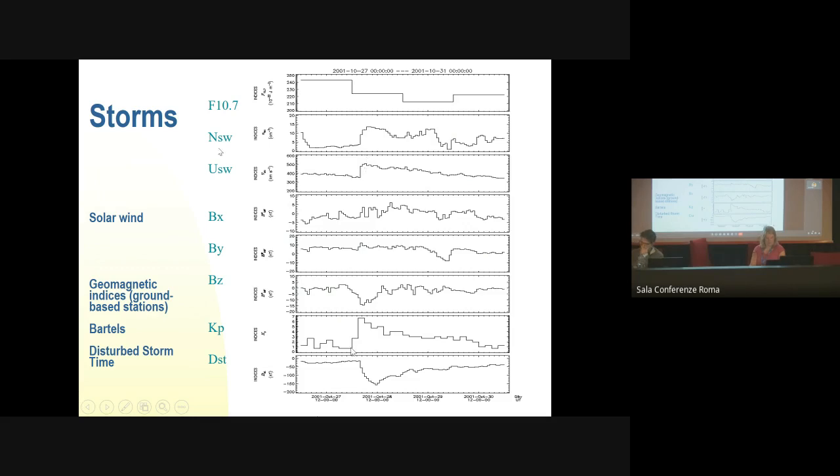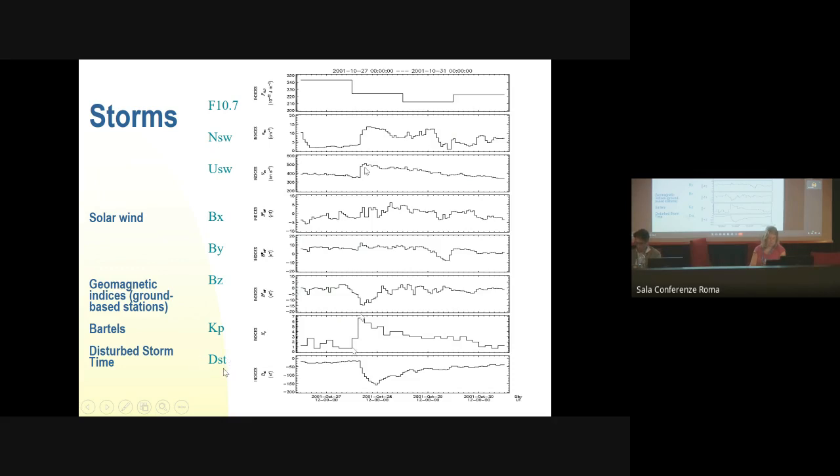You can see here that the index Kp, this Bartels index, increases up to 7 in a few hours, during the main phase of the storm, and after this, it is the recovery phase taking several days.